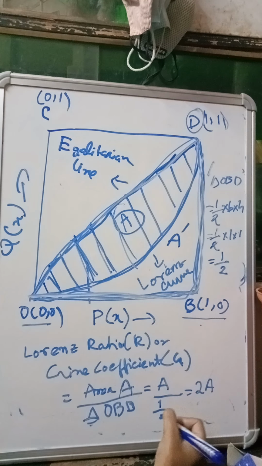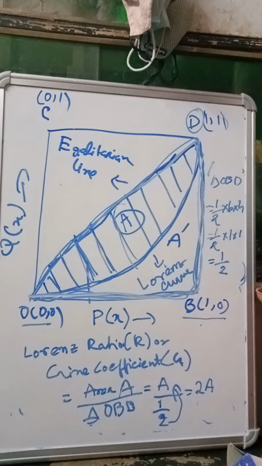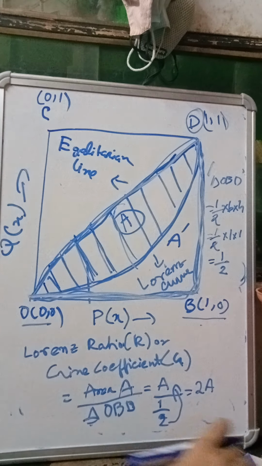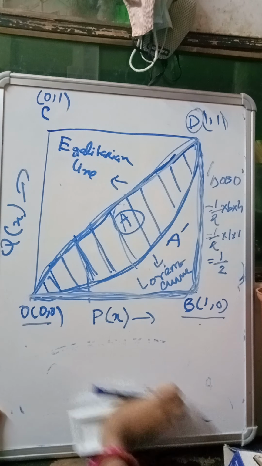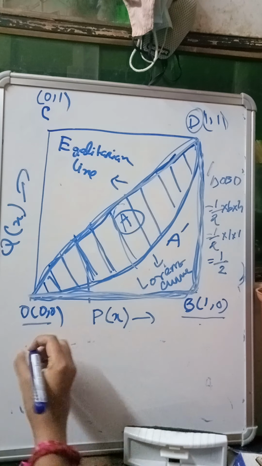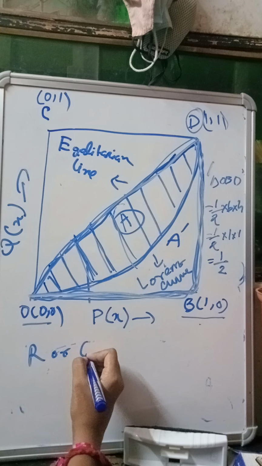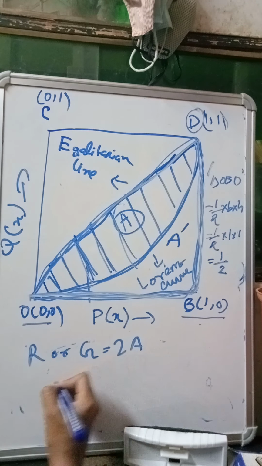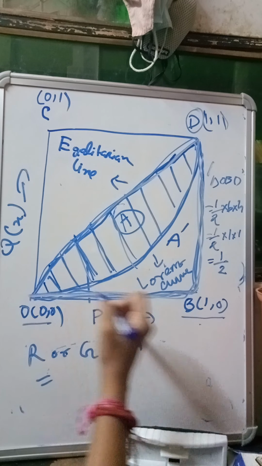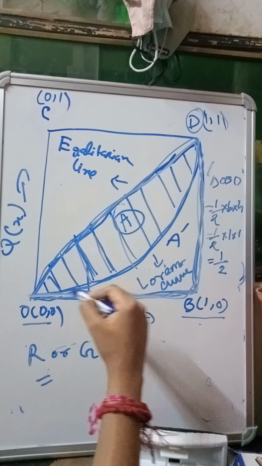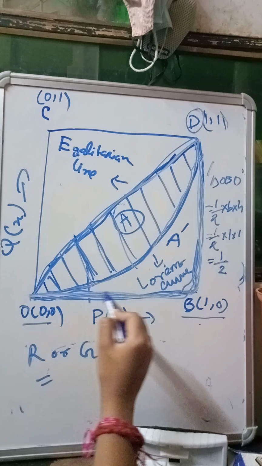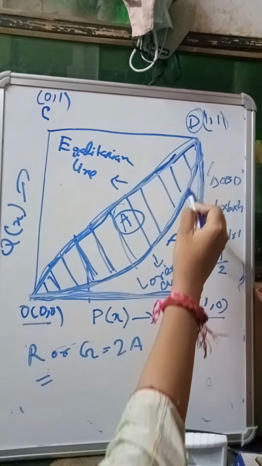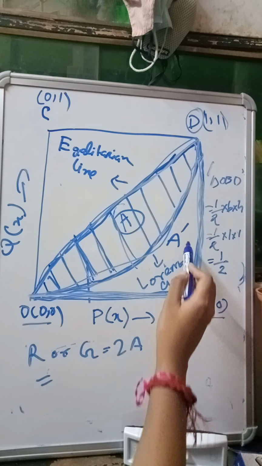This 2 will go up, so we will get 2A. We can write R or G as 2A. Now I have defined the area below the Lorenz curve, that is only this part, as A dash.